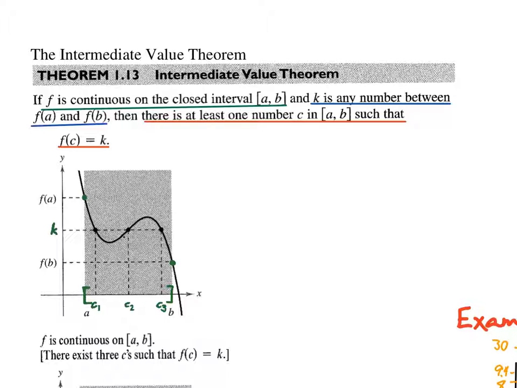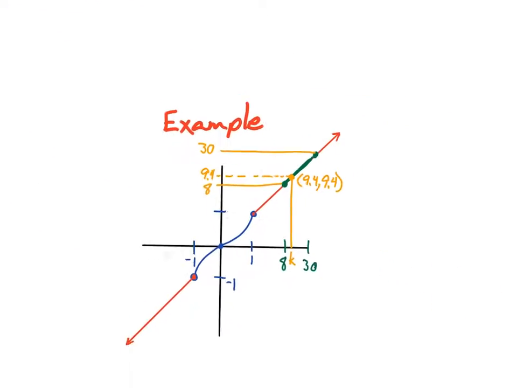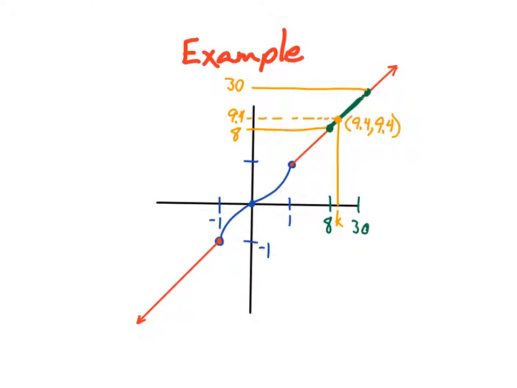So let's look at this in an actual function that we just graphed. If you're paying attention to your notes, this was the one that we just graphed. It was already in your notes, just down the page. But notice what I did here. I gave you an interval. The interval from a to b is the closed interval from 8 to 30, just randomly chosen.